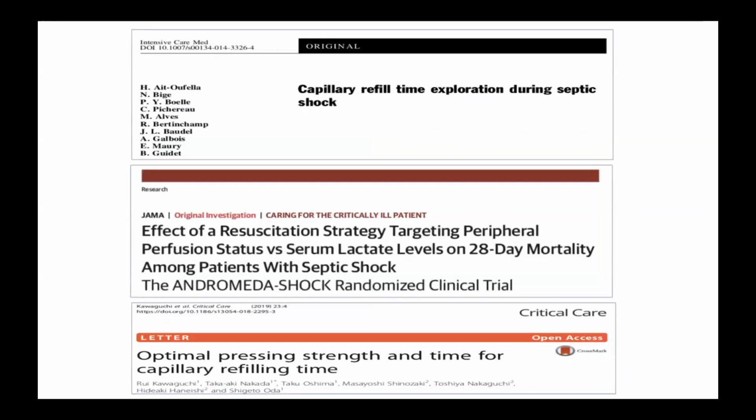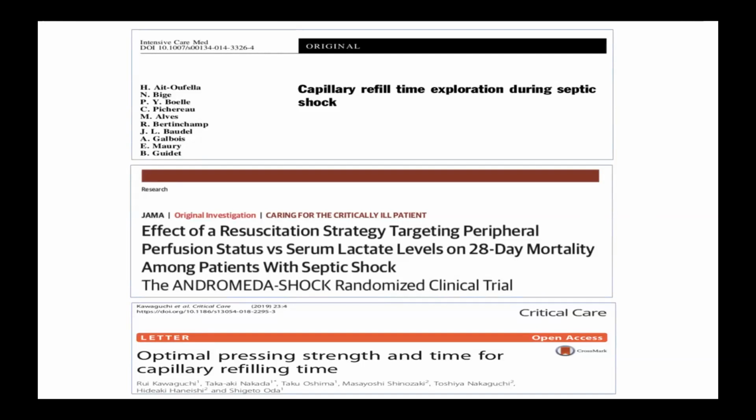Another important test that can be used very easily at the bedside is capillary refill time, if it is performed correctly. And there have been multiple investigations which suggest that capillary refill time can be useful not only for clinical examination but also as a strategy during resuscitation.